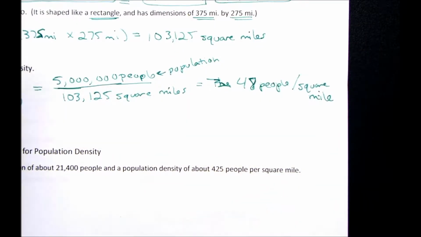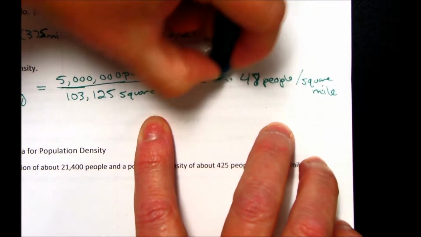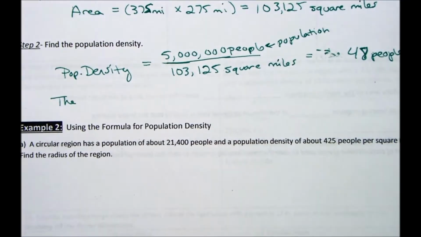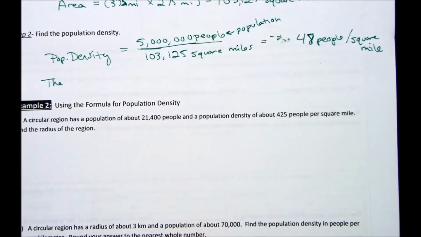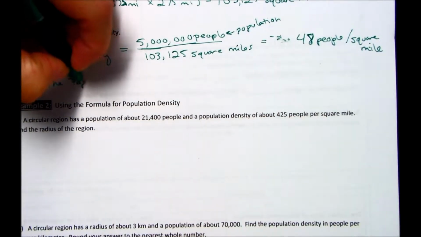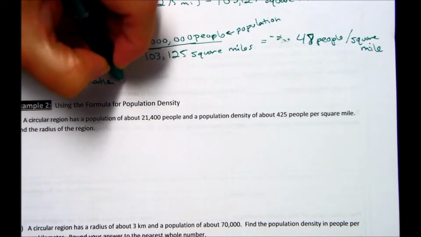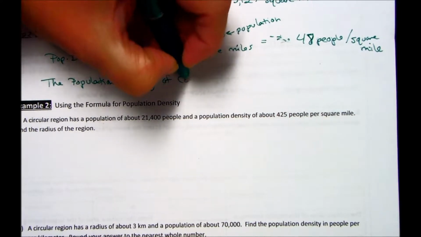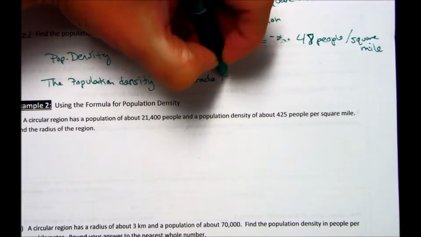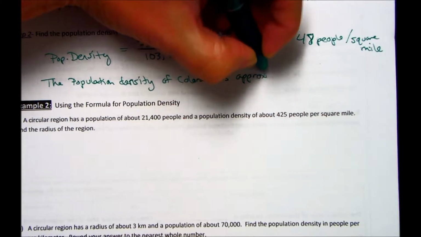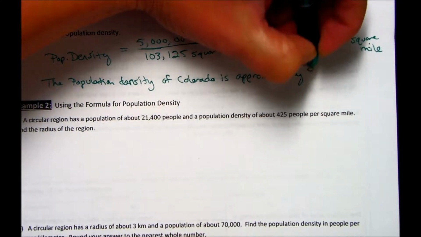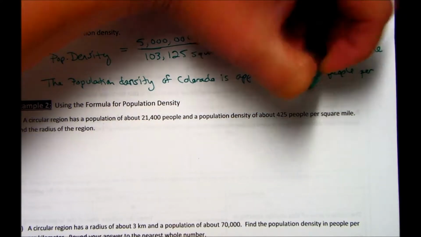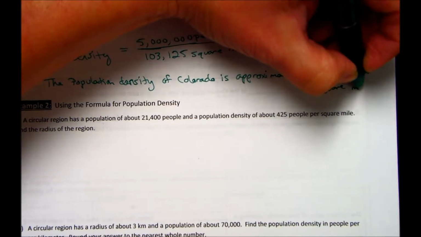If you were to write it as a sentence, I would say the population, let me zoom out here, the population density of Colorado is approximately 48 people per square mile.